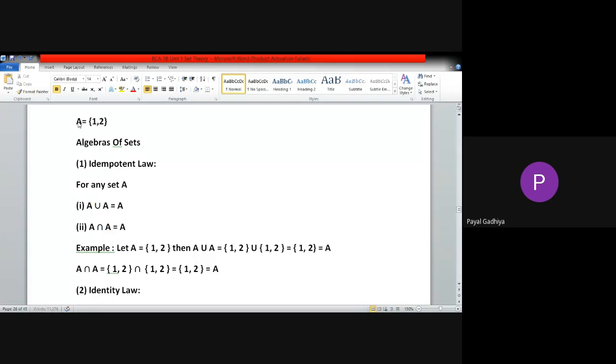We have the set A: 1, 2, 3, 4, 5, and set B: 5, 6, 7, 8. One more set I want to give is the universal set, which is 1, 2, 3, up to 10.